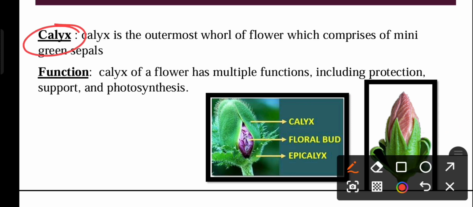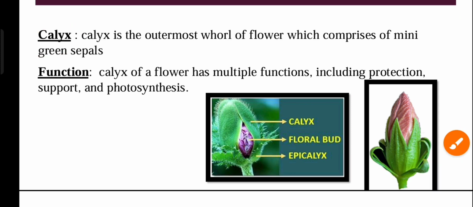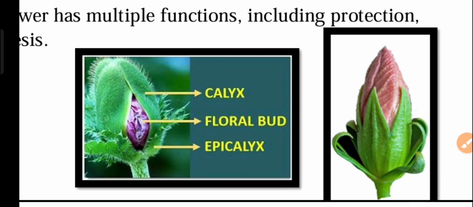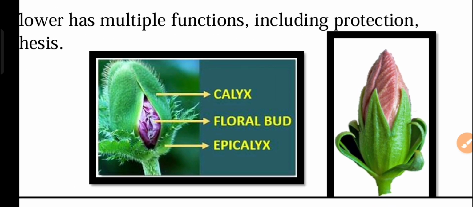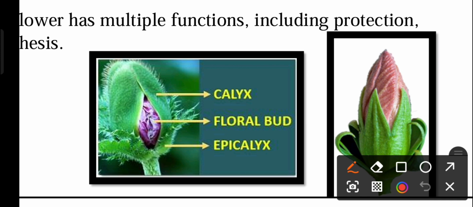Calyx. What is calyx? How does it look like? See in this picture, the calyx is the outermost whorl. It is also the first whorl of the flower.